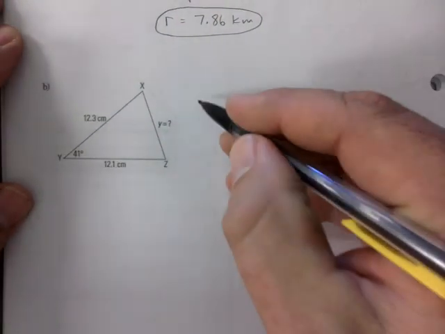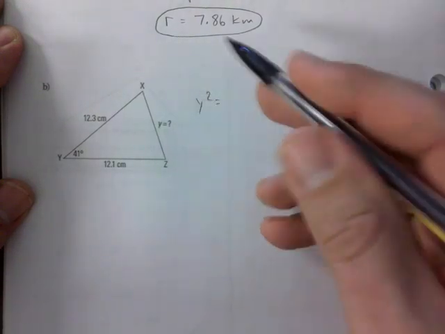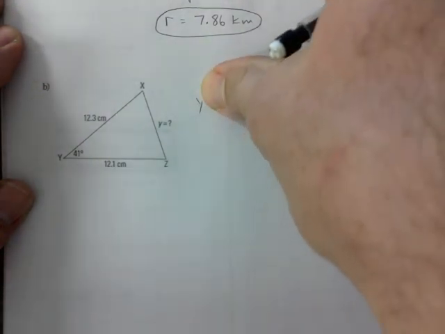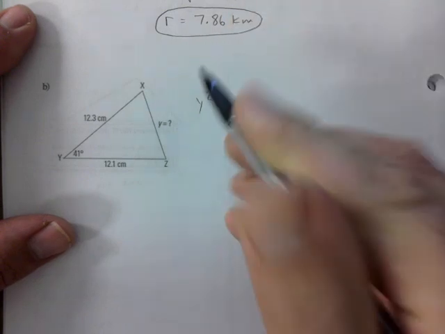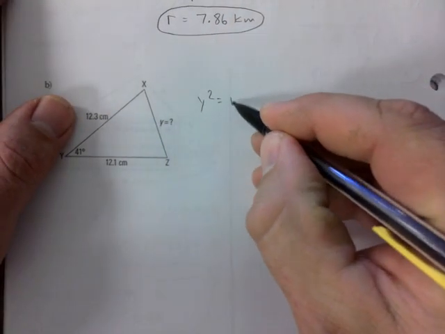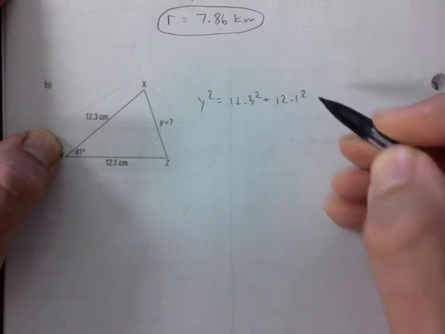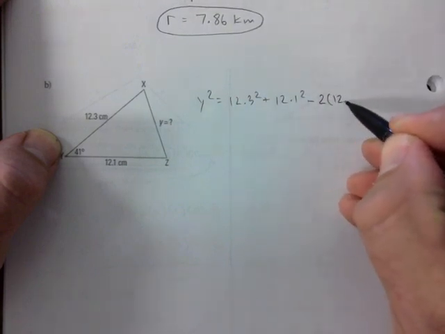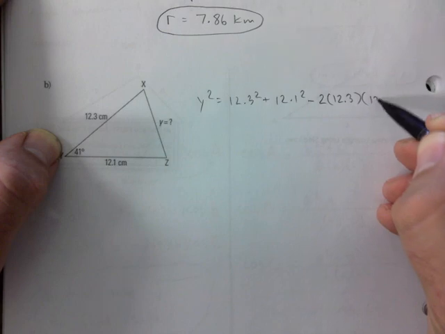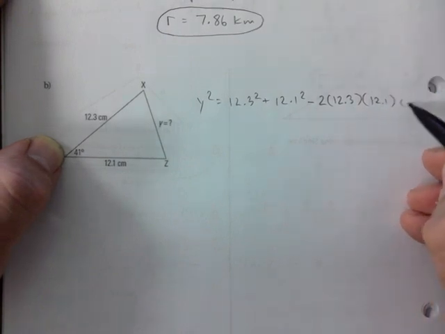Next, this one here. So I'm just going to quickly show you how to do it. Notation is important, so don't just be going y, right? It is y squared at that time. So I know you probably got this already, but it's the little things. Cosine of 41, right?